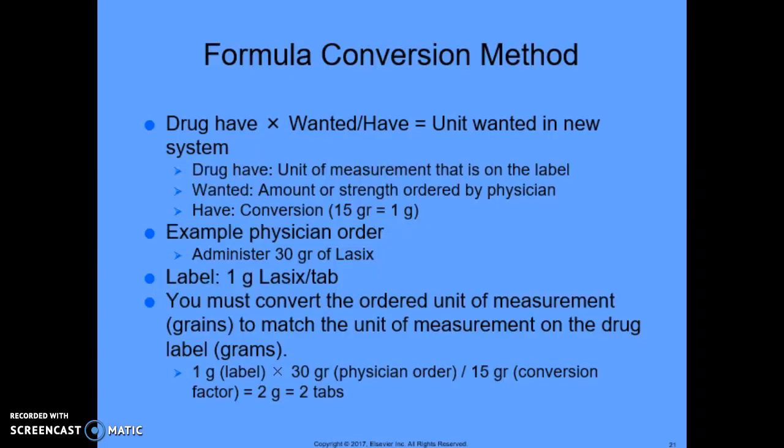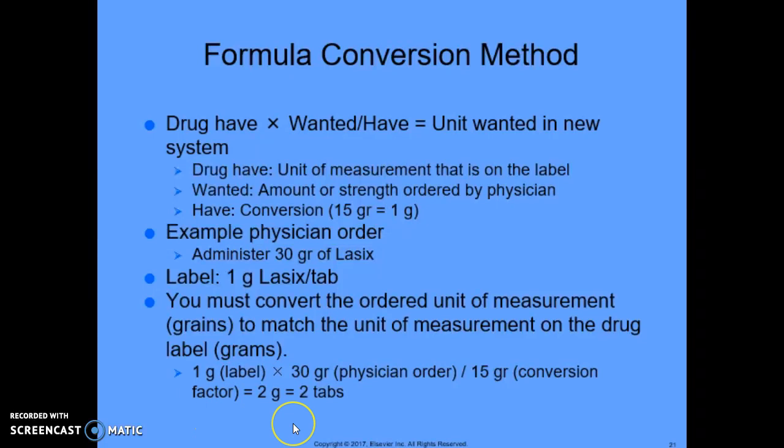And we'll look at this more closely in class, because we also are going to use doctor ordered over doctor on hand equals X for our pill format, and then doctor ordered over doctor on hand times the quantity equals X for our liquid format. So there's a lot of different ways that you can set up these problems, and it's good to look at them and see which one makes more sense to you.